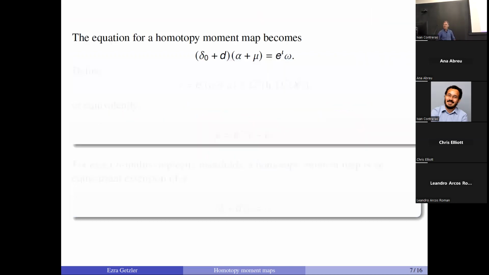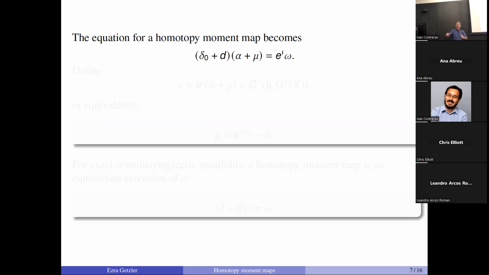So here it is. Notice if I add alpha, which was the n form whose differential is our multisymplectic form, to the homotopy moment of Callies et al., then we get, I've restored that missing omega in the original formula for the homotopy moment map.